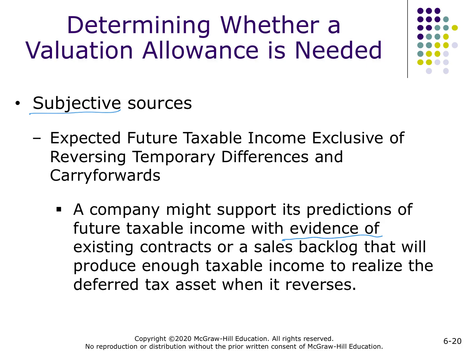So a company might support its predictions of future taxable income with evidence of existing contracts. That's the difference between objective and subjective. Objective meaning everyone can see the rationale for it. Subjective meaning it's based on perspective. So with these subjective sources, the company is gathering evidence to make its position believable, if you will.